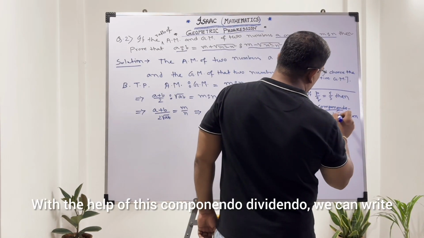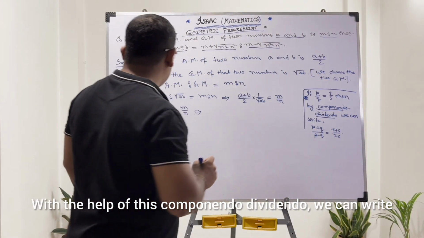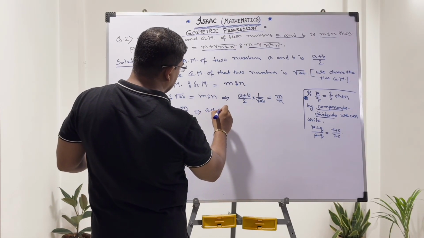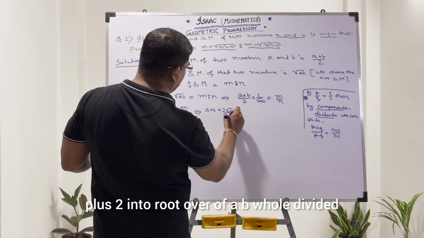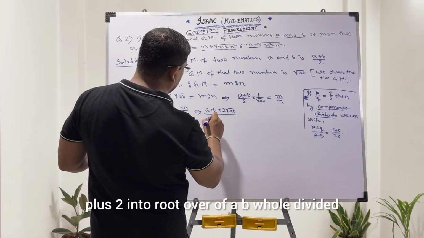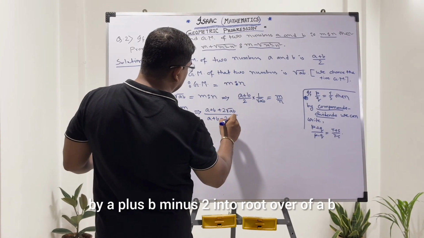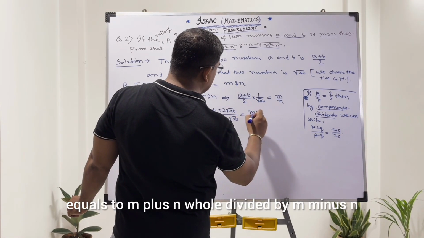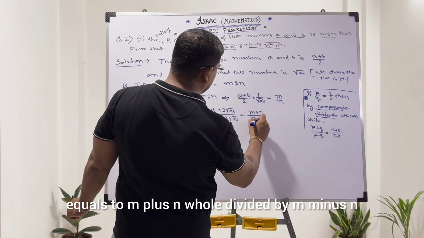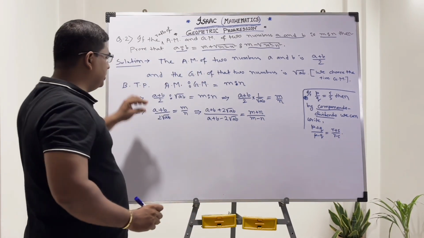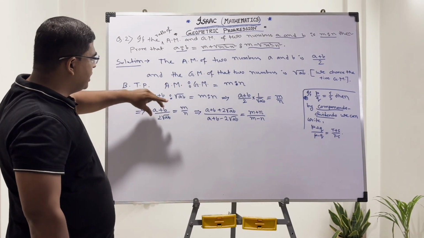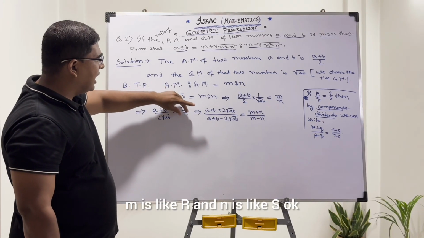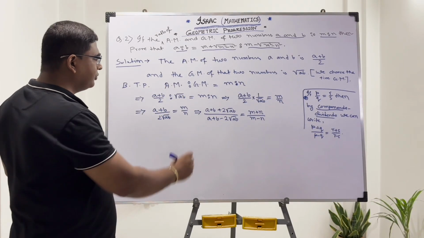With the help of this componendo dividendo, we can write a plus b plus 2 into root over of ab whole divided by a plus b minus 2 into root over of ab equals to m plus n whole divided by m minus n. Okay, so here a plus b is like p, 2 into root over of ab is like q, m is like r, and n is like s.